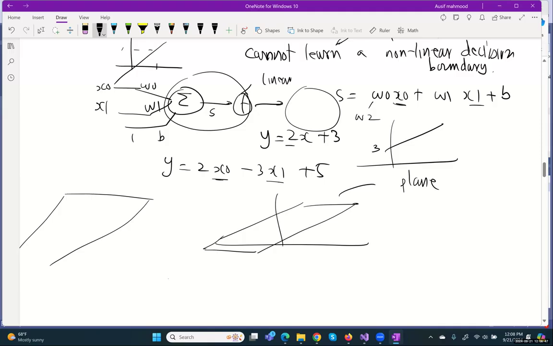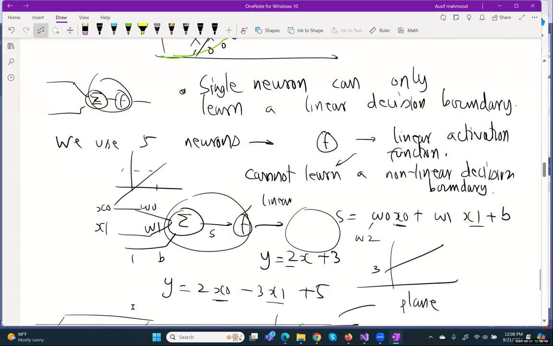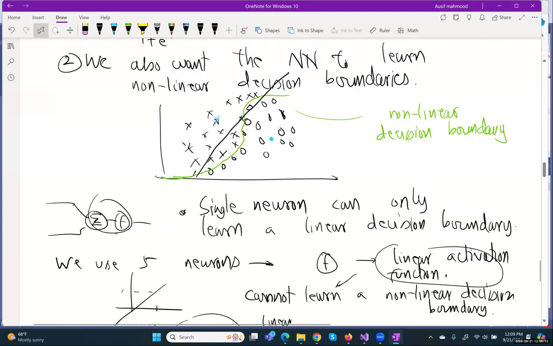So to summarize, if we use a linear activation function, all it's doing is learning a straight line or a flat plane, whether it's in 1 dimension, 2 dimensions, or 100 dimensions, it doesn't matter. It does not have the capability to learn something complicated like a curve or a nonlinear hyperplane in high dimensions.